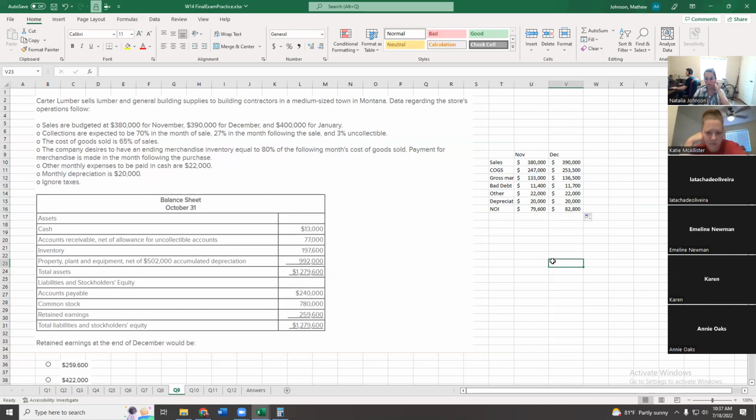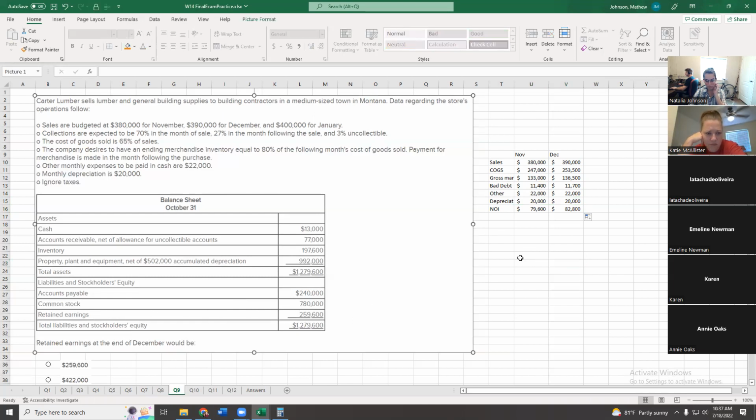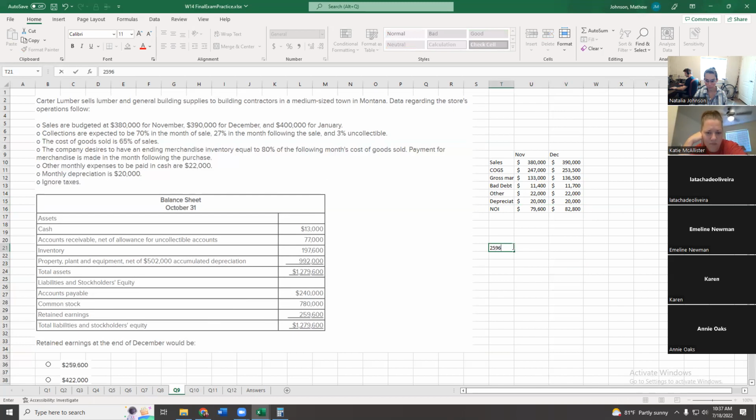Okay, so retained earnings in the beginning was 259,600. So we just need to add these two to the retained earnings. What did you put for the net operating income? How did you calculate that one?